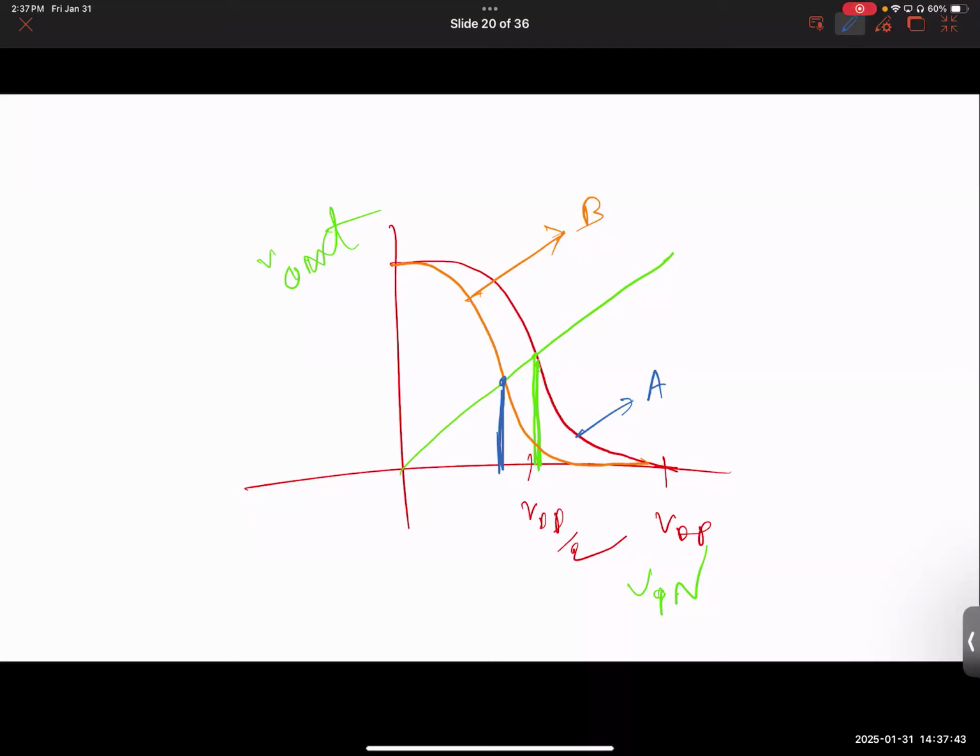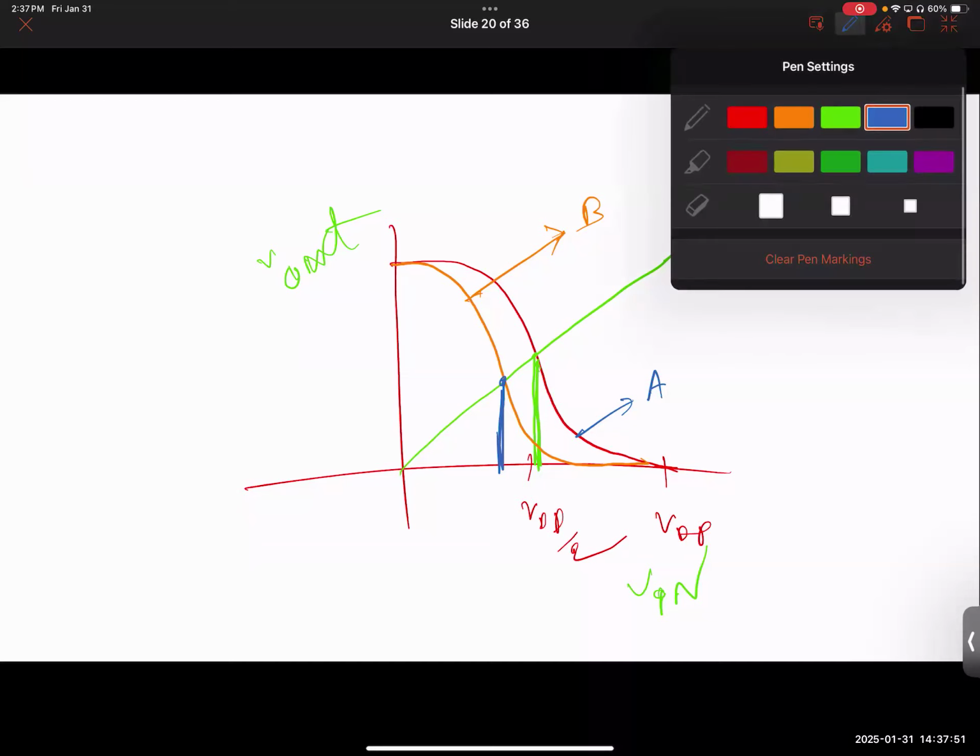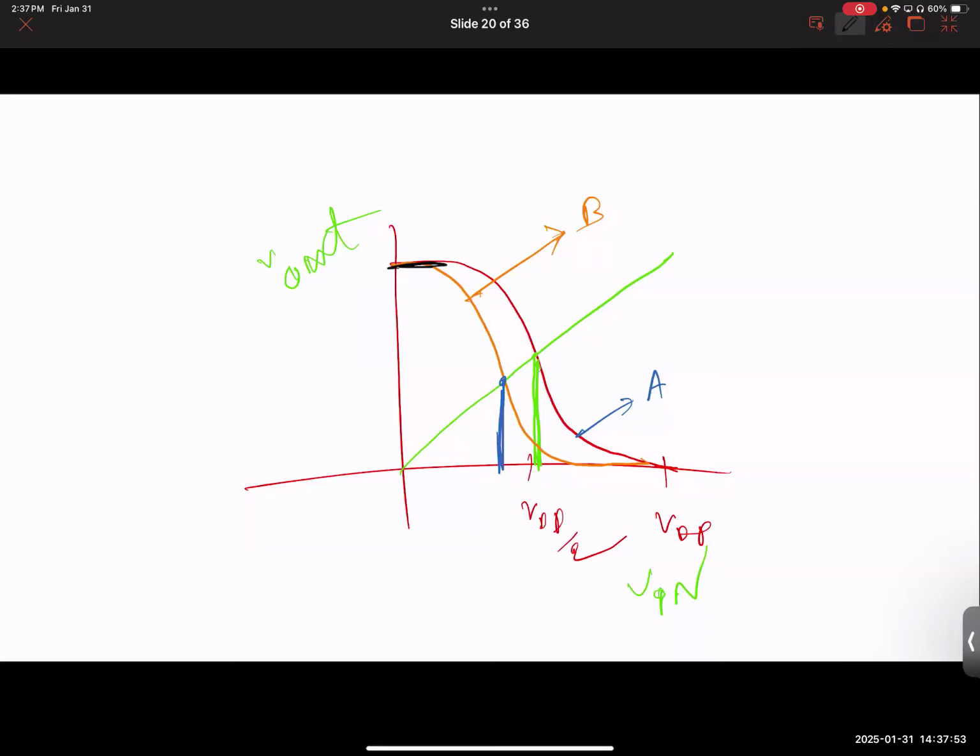So notice, who takes a node voltage down to ground? NMOS or PMOS? NMOS. So notice that this guy was so busy and so eager to get down to 0. Why is that? The NMOS must be more influential. You see, NMOS is more influential here. So you must have made the NMOS bigger.